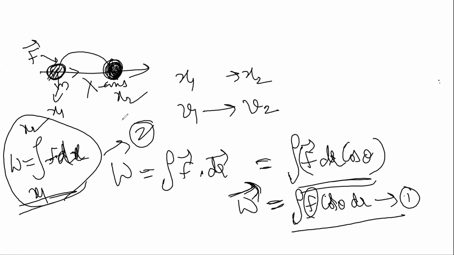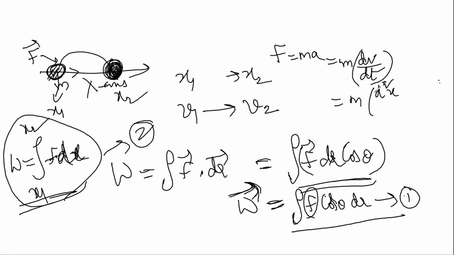From Newton's second law, F is equal to ma, that is equal to m dv by dt, or m d square x by dt square. In another way I can write it as m dv by dx into dx by dt.